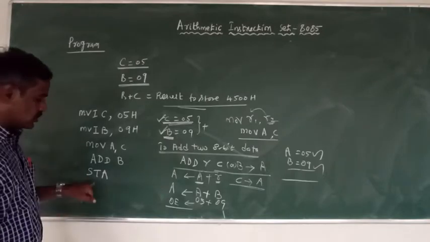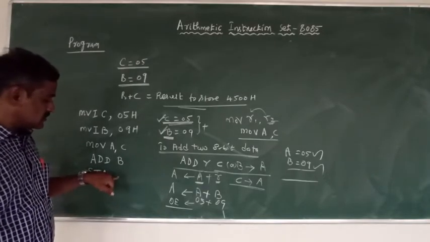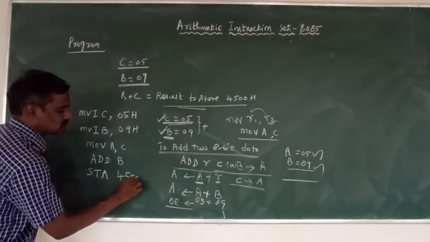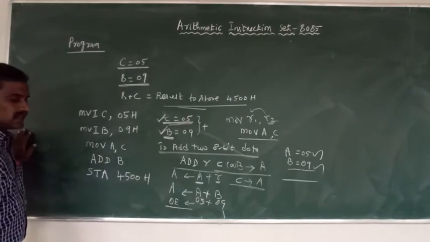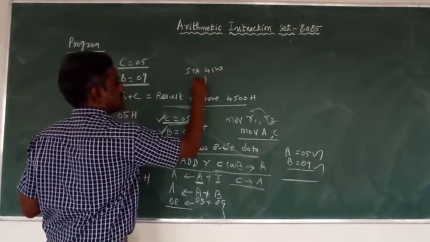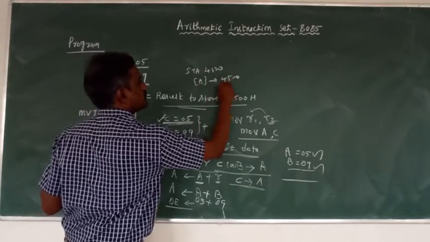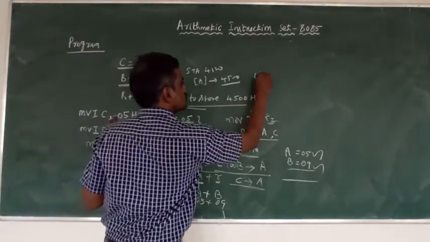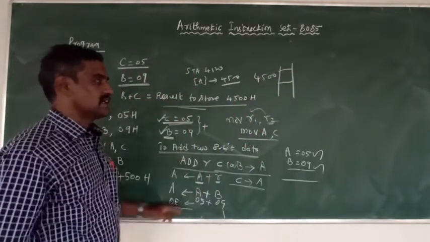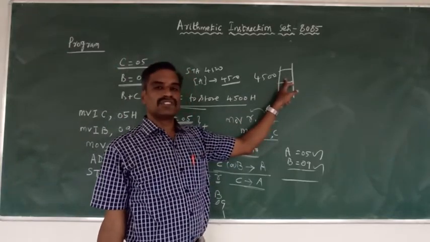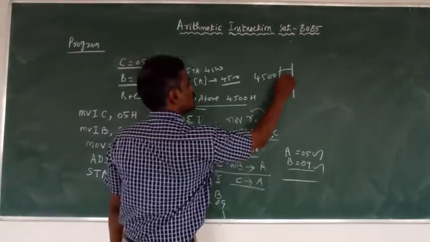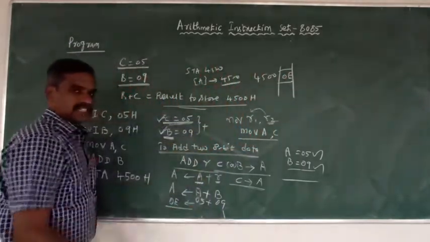STA means store accumulator data to the given address: STA 4500H. Whatever data was available in 4500 will be removed, and it will now store 0E.